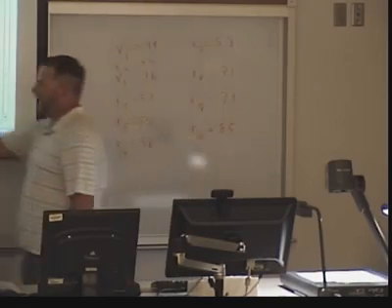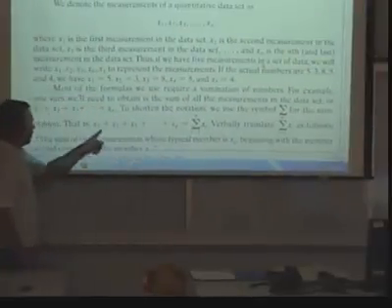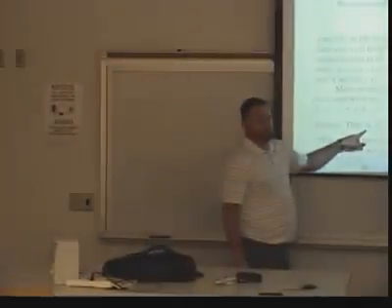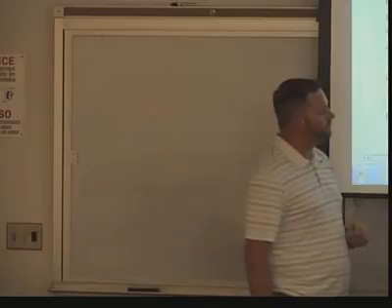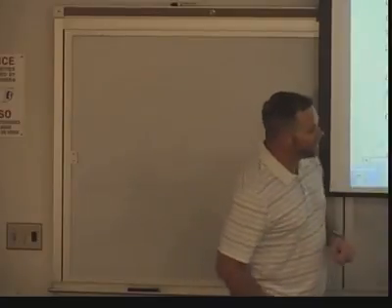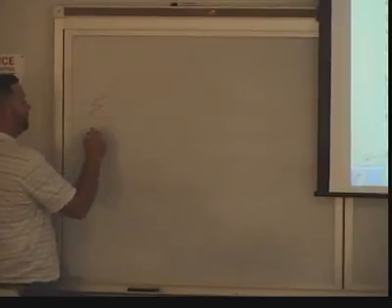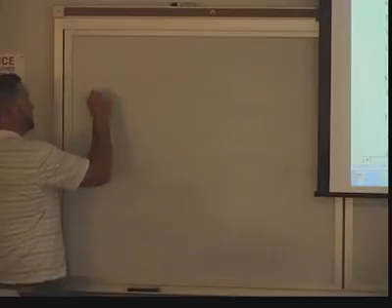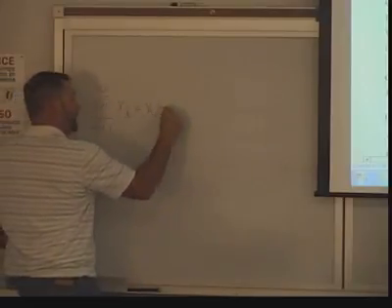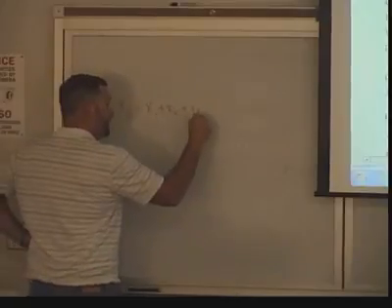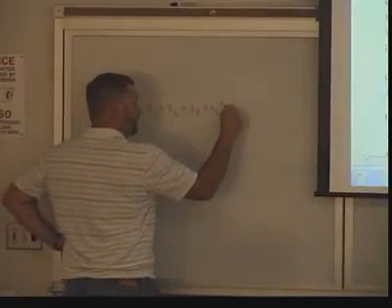So this means add together all the observations from the smallest one, x sub 1. Notice we don't start off with 0. We don't start off with x sub 0. We start off with 1. So for that case, we would say the sum of i equals 1 to 10 of the x sub i's equals x sub 1 plus x sub 2 plus x sub 3 plus x sub 4 plus x sub 5.